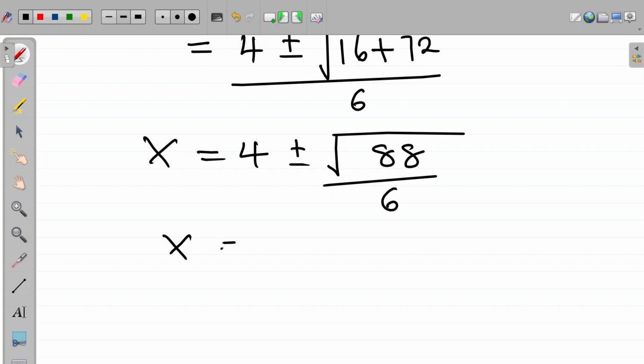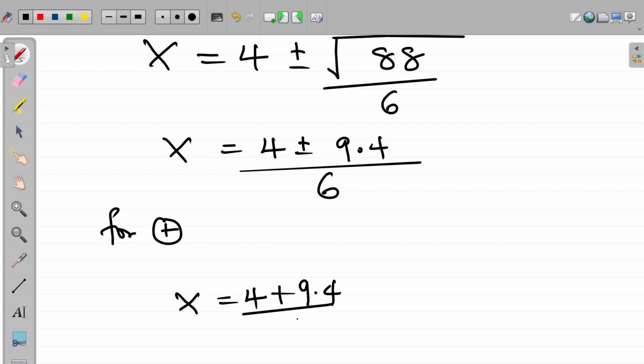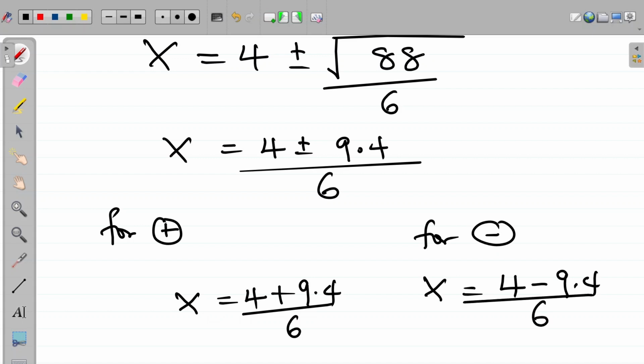So x is equal to 4 plus or minus the root of 88, which is 9.4. For the positive, we have x equal to 4 plus 9.4 divided by 6. Also, for the negative, we have x equal to 4 minus 9.4 divided by 6.